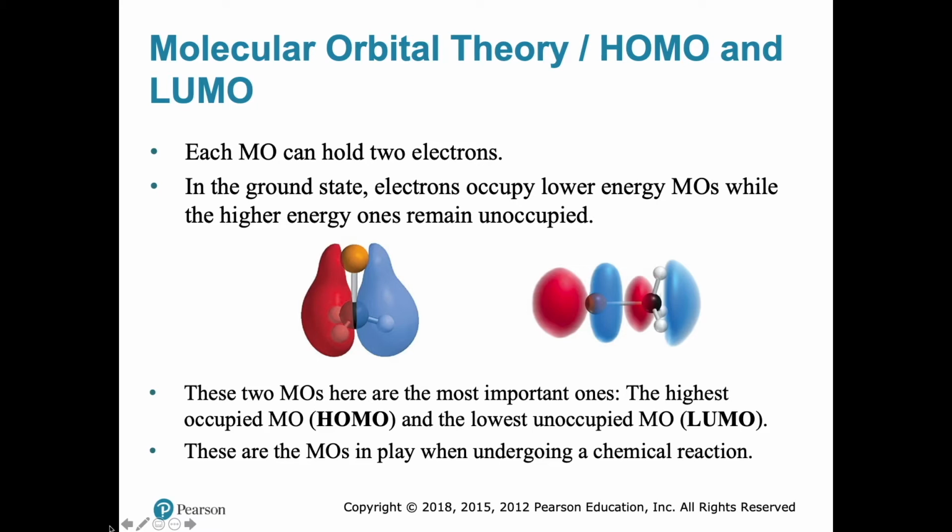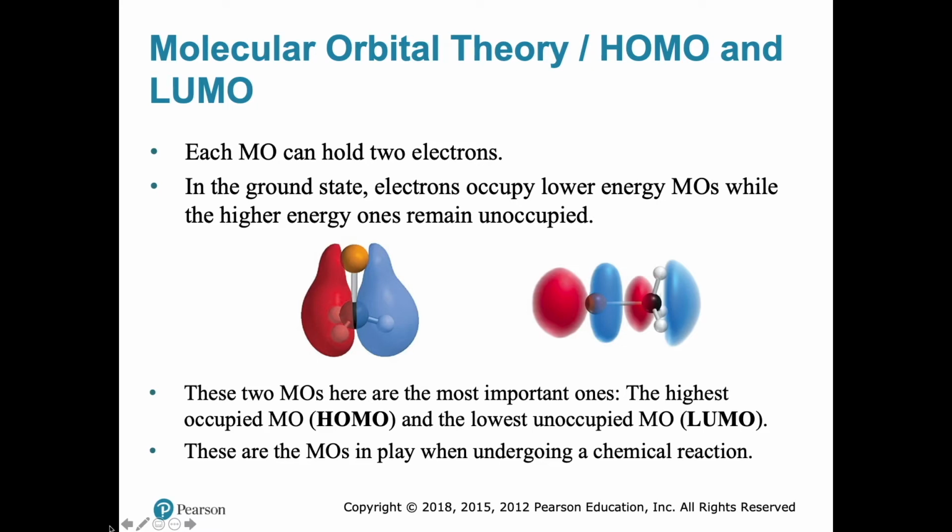We care about these because when electrons get excited, it's the ones in the highest occupied orbital that get excited to the lowest unoccupied one. And when they come back down, you get things like light or colors, any kind of release of energy.